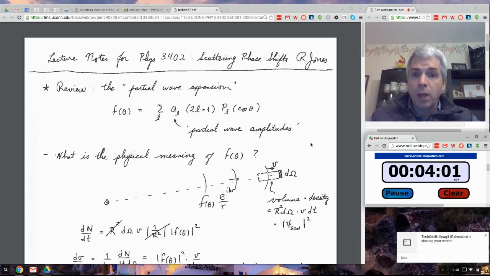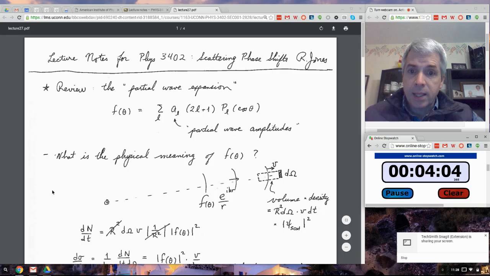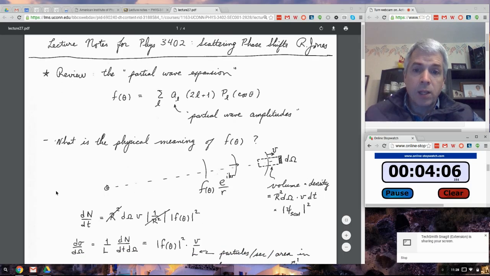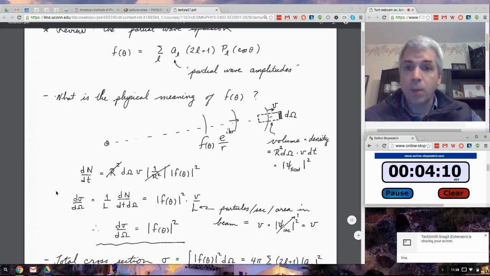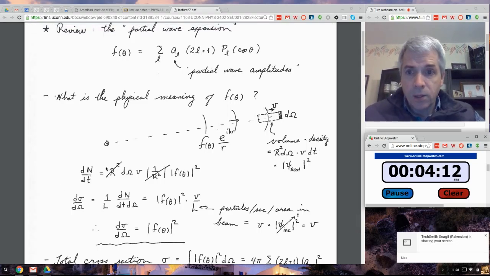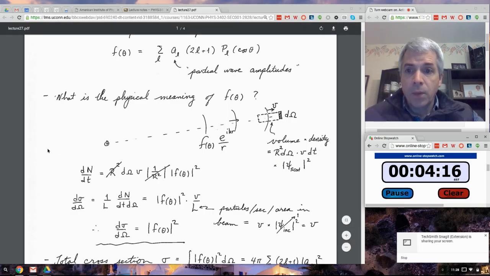So let's see what experiment is actually accessing and try to make contact with as much of the quantum mechanical description in the experiment as the experiment can reach. And here's the physical scenario for a scattering state. We have not drawn here, but imagine in this white space over here a wave function coming in from the left.